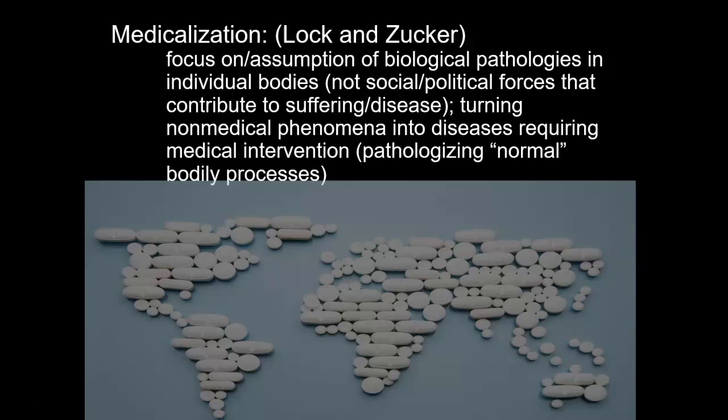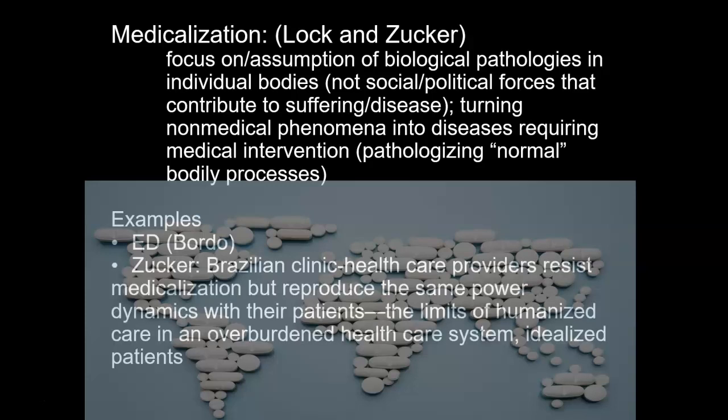And another component of that is then turning phenomena that are really not medical in nature into diseases that require medical intervention. So it's sort of pathologizing of what can be understood as normal bodily processes. And I want to give you, again, a couple of examples.